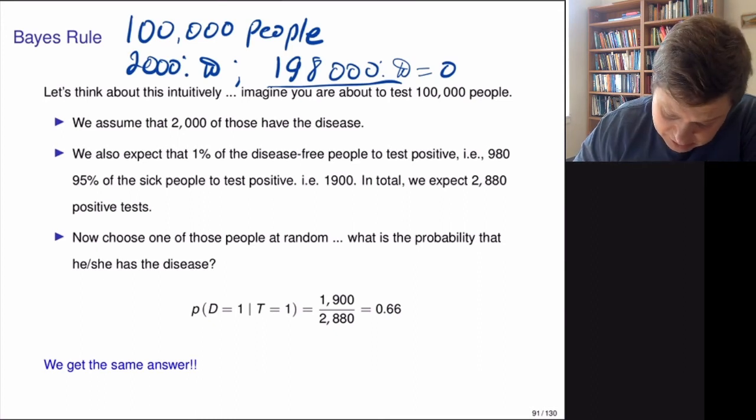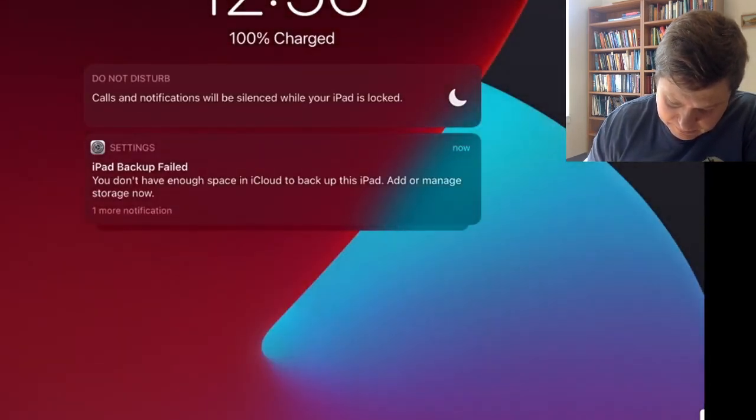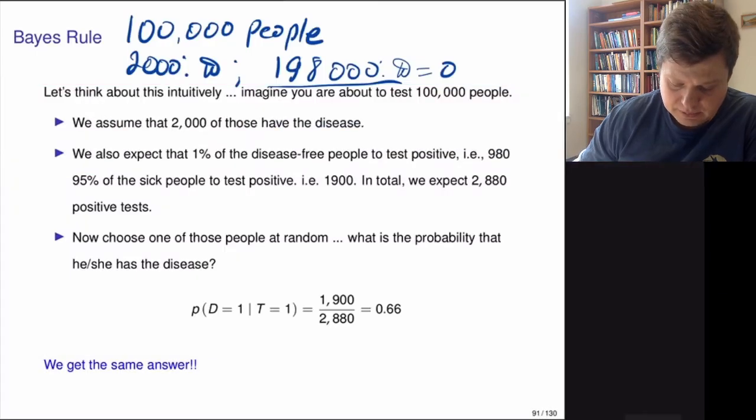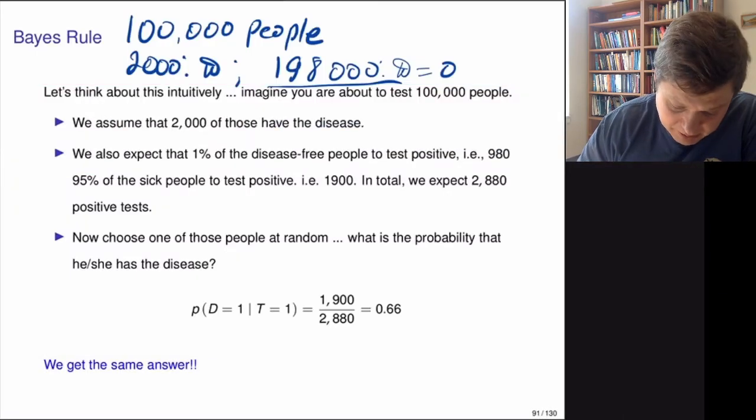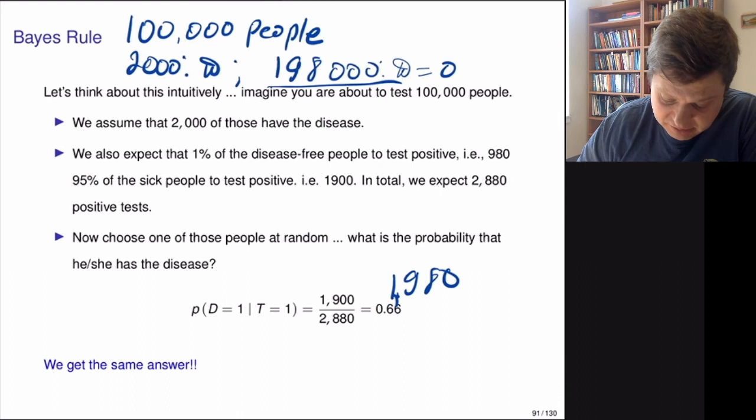So among people who are actually healthy, which is 98,000, almost 1,000 people will get a positive test.